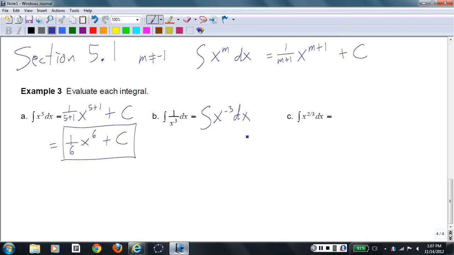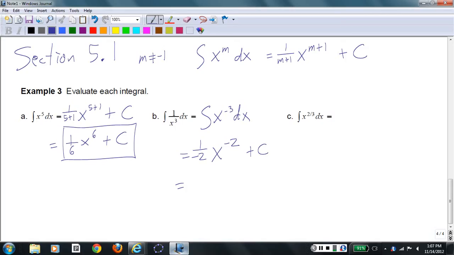So add 1 to the exponent, and we get x to the -2, and then divide by that new exponent that we just got, and then add c, and then simplify. The 1 over -2 is equal to -1/2.